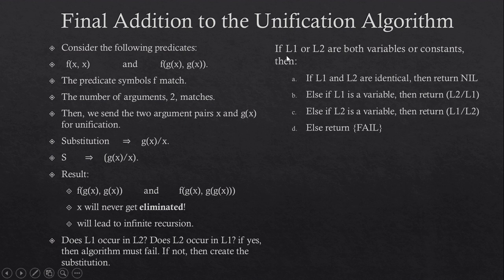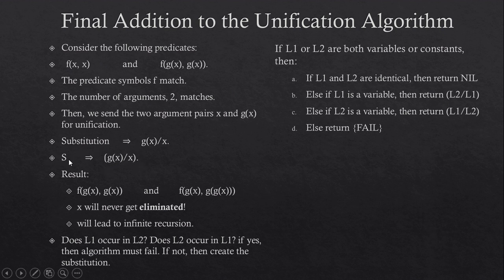So we enter the true part of if. Firstly, the argument pair is not identical. Secondly, x is a variable. Now that means there should be a substitution g of x for x. So s will now be g of x for x.